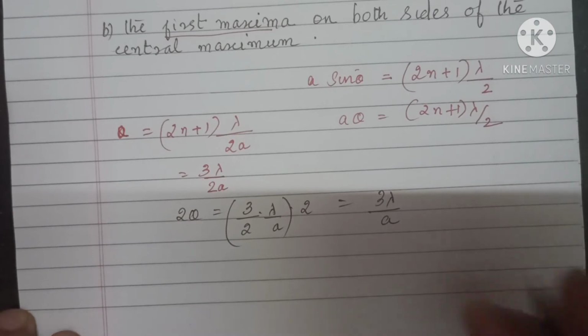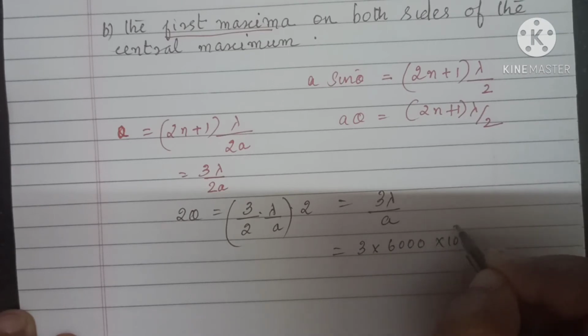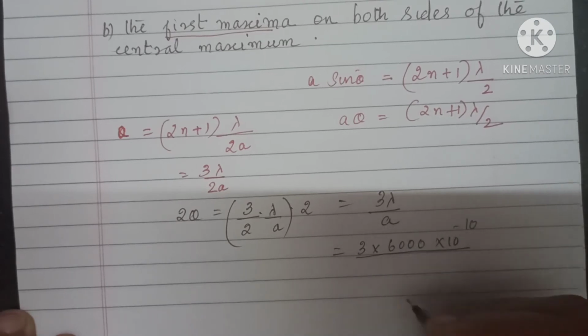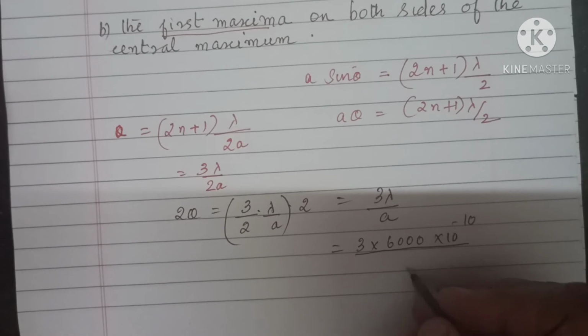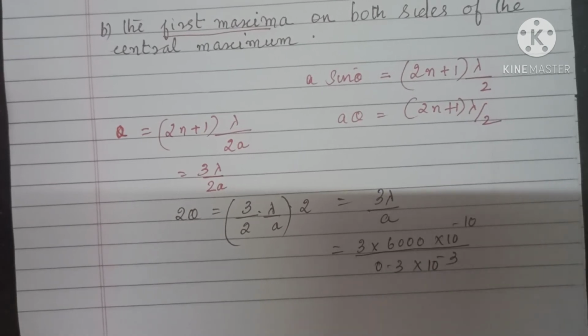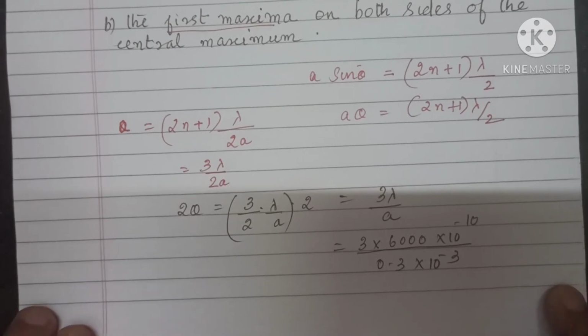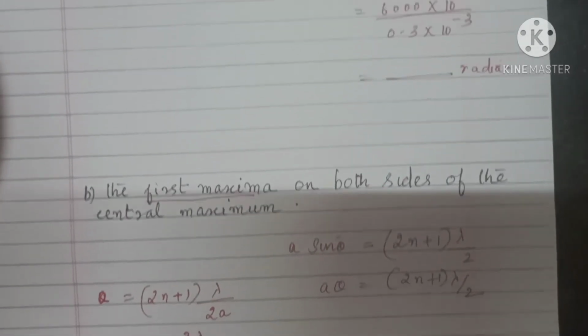That is 3 lambda by A. Now you can substitute the values, that is 3 into 6000 into 10 power minus 10 divided by A, which is 0.3 into 10 power minus 3. Now you will be able to find the answer. So read the questions properly, then you will be able to do it well.